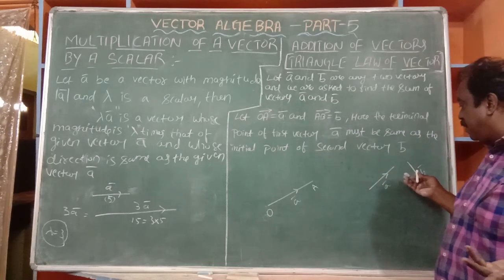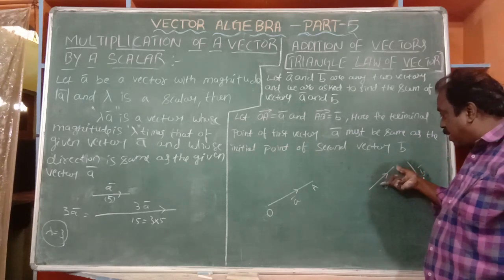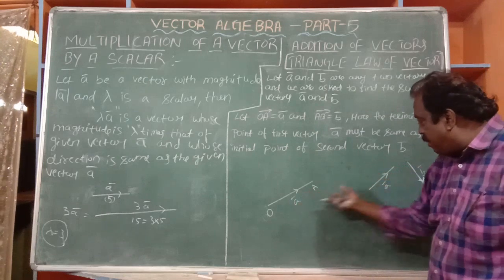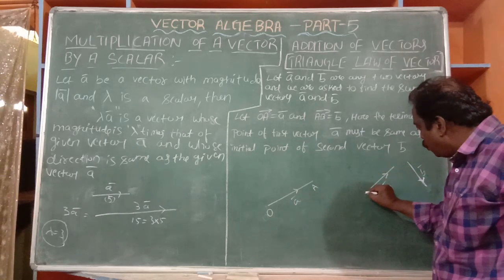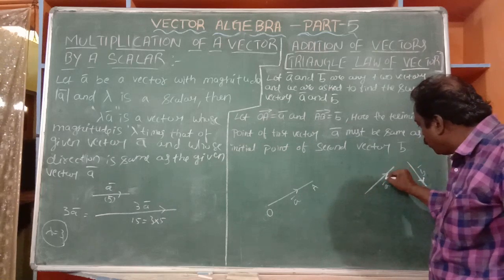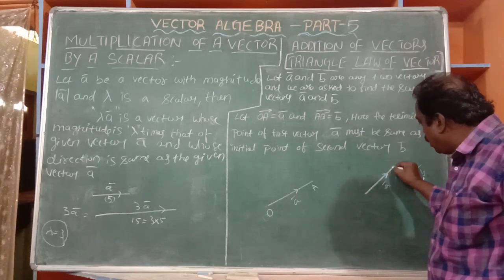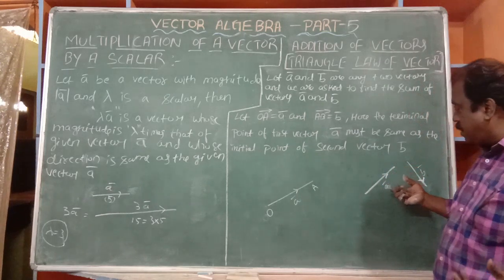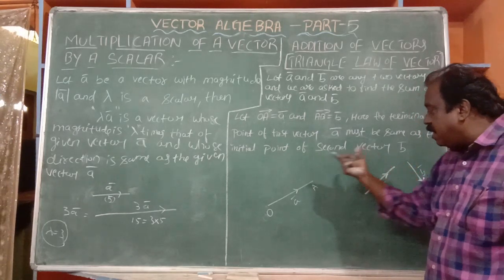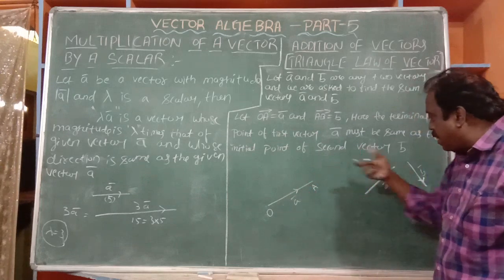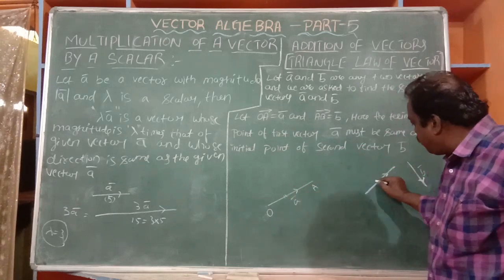Directions are in different ways. But equal to this vector, you see, the same, parallel. Parallel, same length also. Assume like this. And I take one here equal to the given vector A bar, same length and same direction. You see, they are parallel.